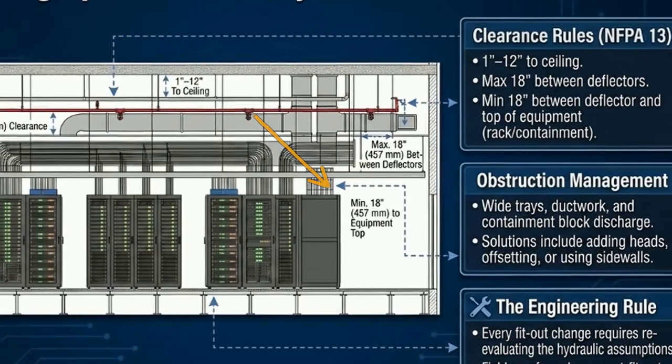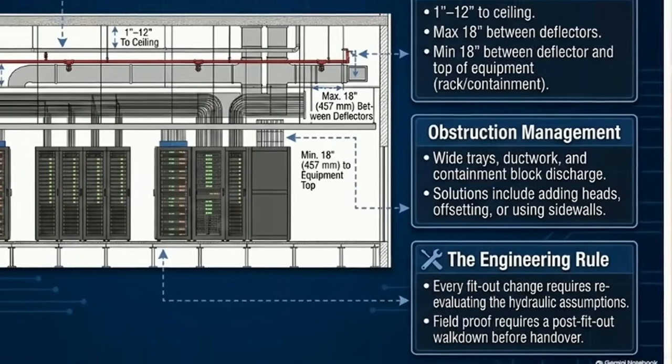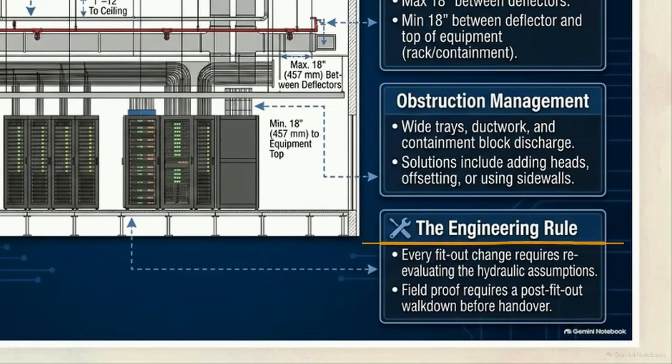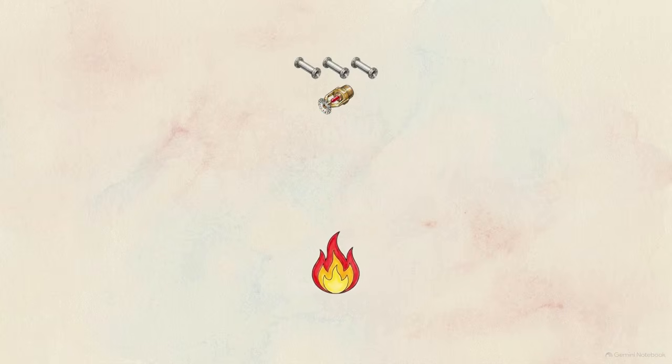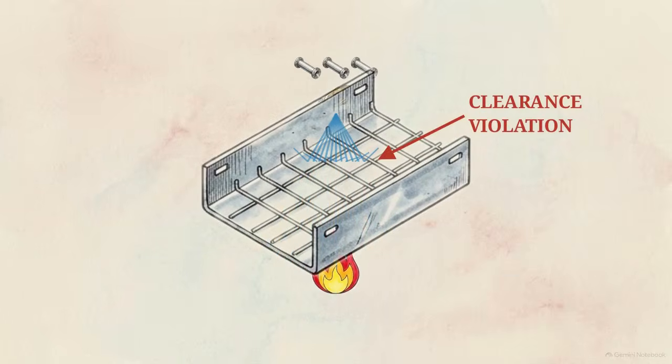A minimum 18-inch clearance is required between the sprinkler deflector and the top of any server cabinets or containment structures. Because of these clearances, every fit-out change, such as adding new cable trays, requires a full reevaluation of the hydraulic design. Even a perfect mechatronic sequence cannot suppress a fire if physical obstructions prevent the water from reaching the heat source.